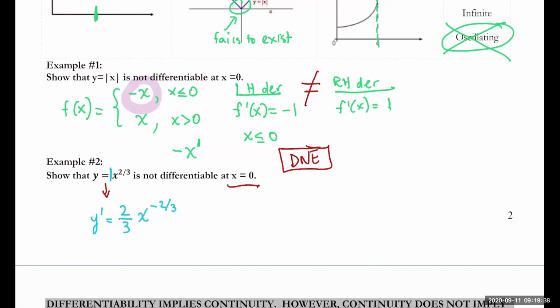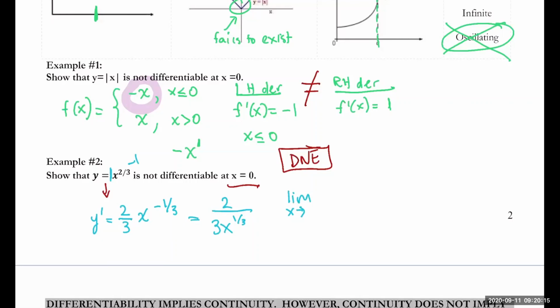Sorry, bring down the 2/3, and 2/3 minus 1 is -1/3. I always suggest that you rewrite negative exponents, especially when you're trying to analyze. It's 2 over 3 x to the 1/3 power. If that's my derivative, both on the left and the right, because it's not piecewise, I'm going to take it back to the second definition of the derivative, where we look at what happens when it's approaching a particular value.